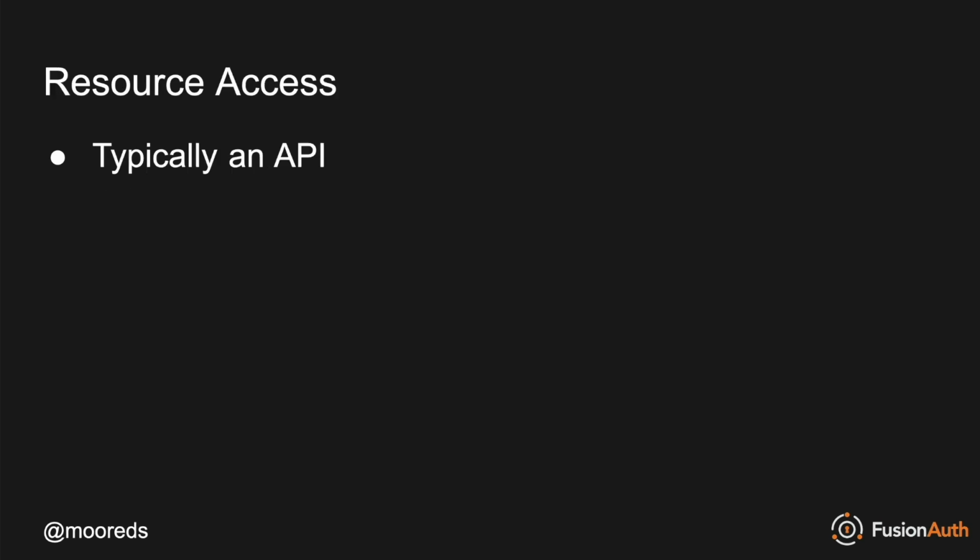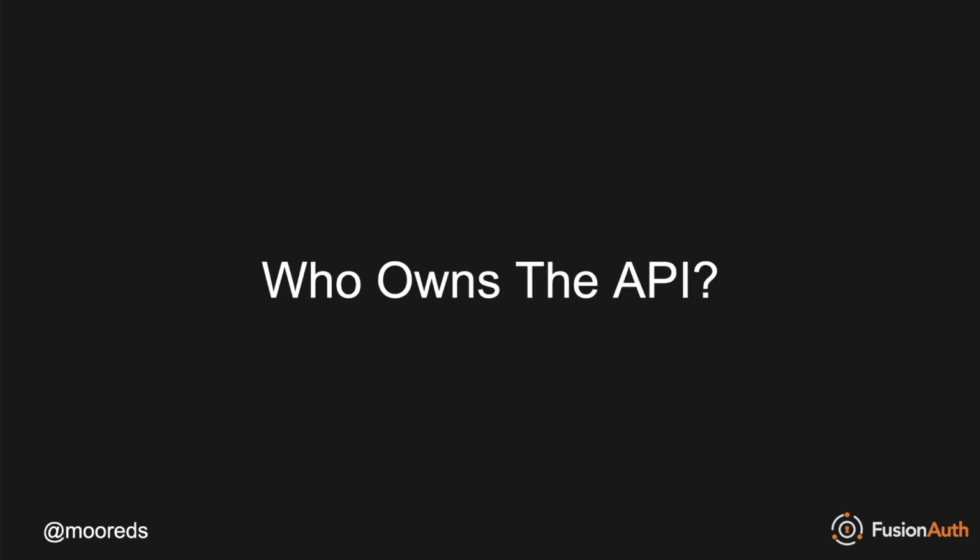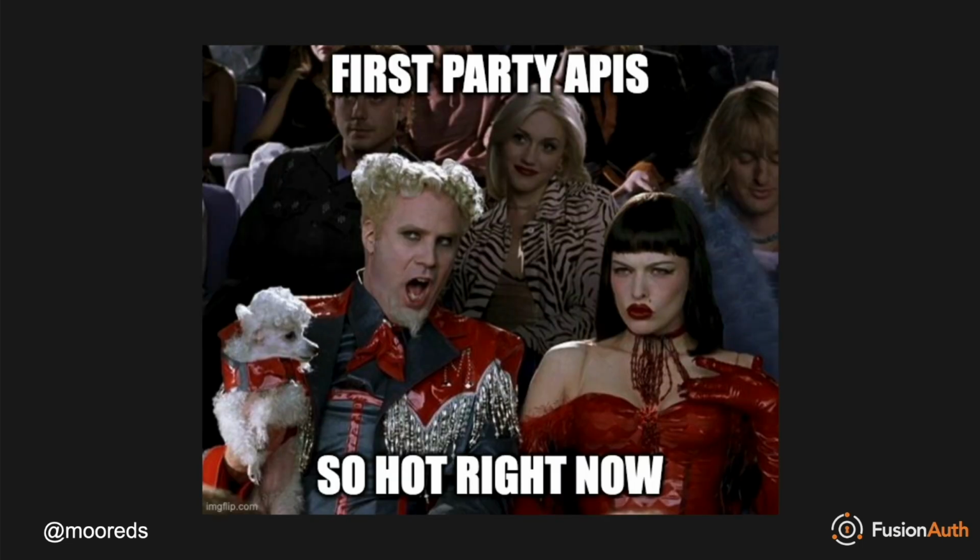When we talk about resource access, as I mentioned earlier, we're typically talking about an API. It's typically going to be a JSON API talking to a service that's running over HTTP/TLS. Who owns these APIs? Is it a first-party API where the company or the organization that controls the mobile app also controls the API? In which case you have a lot more flexibility and control because you own both ends of the conversation.